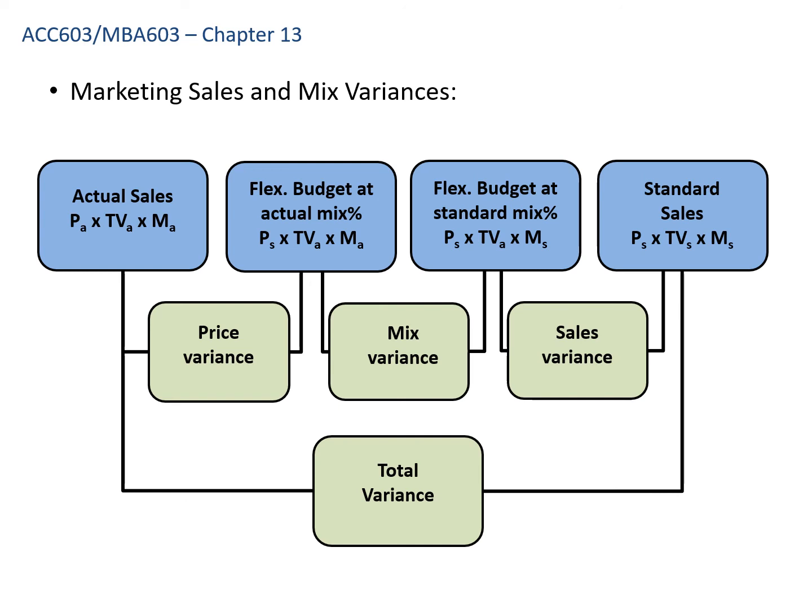How much is due to the fact that I sold more of some products than others in a different percentage mix than what I anticipated, right? If customers made substitution decisions, and that'll add up to my total variance. So again, it's really kind of the process of disaggregating or breaking that total variance into its component parts so that you can say something intelligent about that.